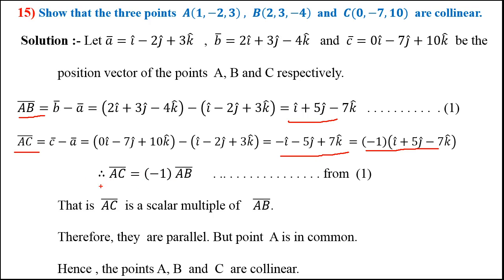So we conclude that AC bar is scalar multiple of AB bar, and therefore AC bar and AB bar are collinear vectors. They are parallel vectors and they have point A common. And therefore points A, B, C are collinear.